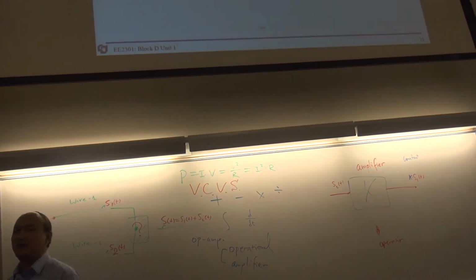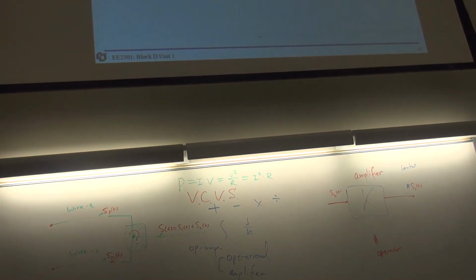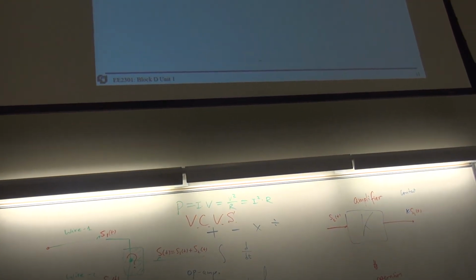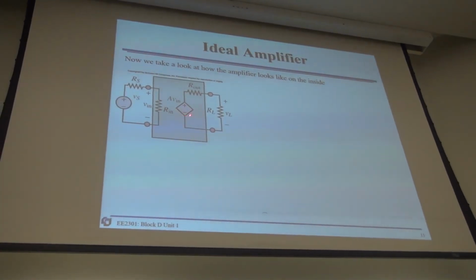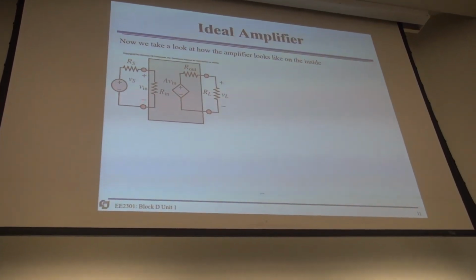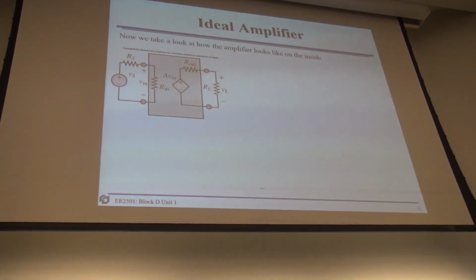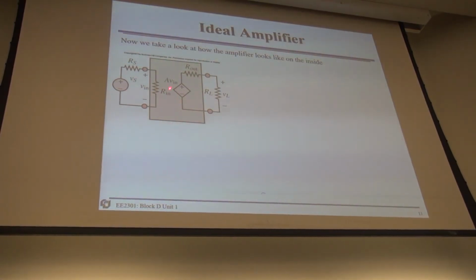Usually VCVS will be enough. This is VCVS, and the V in is the control. So A times small V in is the control voltage here.